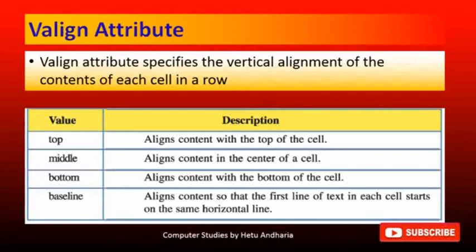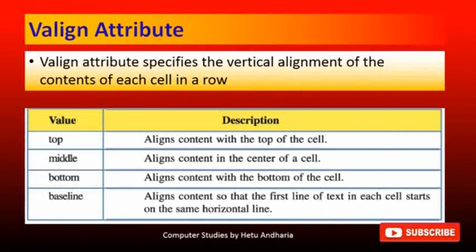So here V-align has 4 values. First is top. If you use the value top against V-align, then it will align the content with the top of the cell. If you type V-align equal to middle, then it will align the content to the middle of the cell, that is the center of the cell.